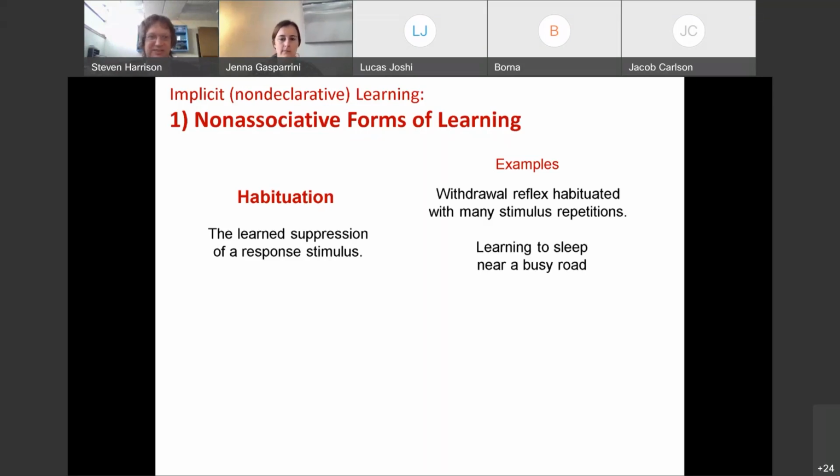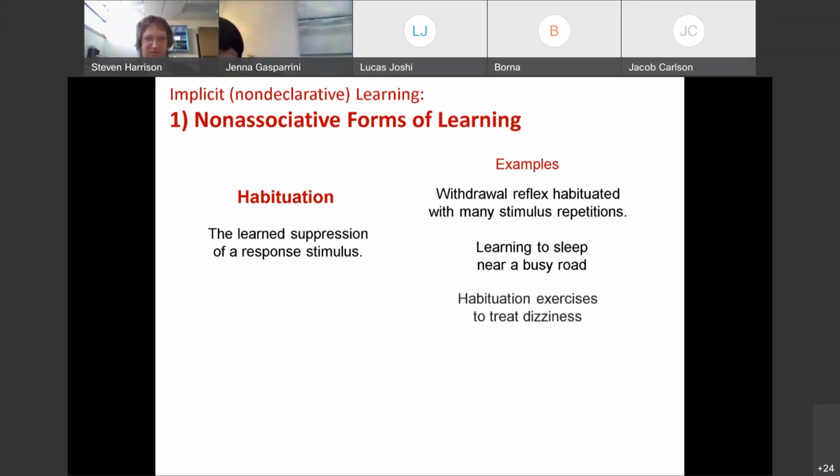A more mundane example: learning to sleep near a busy road. You grow up in the countryside, you move to the city, you're in an apartment that's super noisy. The first few nights you'll have restless nights, because the stimuli that you're experiencing are normally something that you would have learned to react to, and over time you can learn to counteract that.